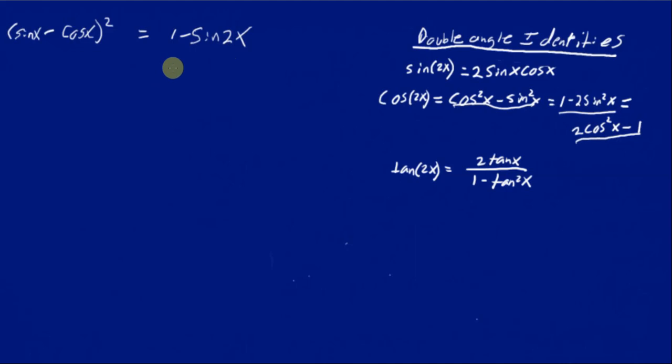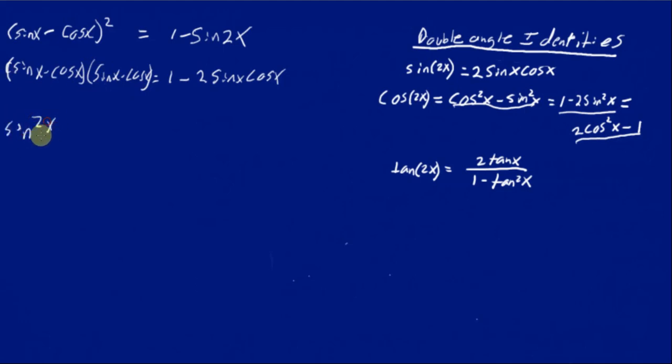The sine of 2x, well, it's going to be 1 minus 2 times the sine of x cosine of x. And again, nothing I can really do with this side, so I'm going to go ahead and FOIL this out. So I've got a binomial being squared, so that's going to be the sine of x minus cosine of x times the sine of x minus cosine of x. All right. First term, sine squared of x.